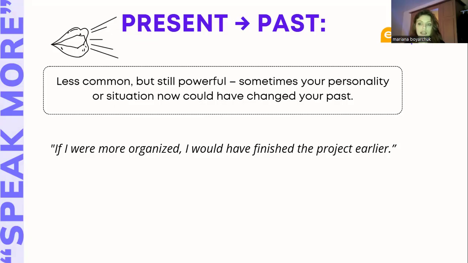So if the general thing about me, this fact that I'm not really organized, was different, was just the opposite. If I were more organized, I would change the past because I would have finished the project earlier. That's the logic.